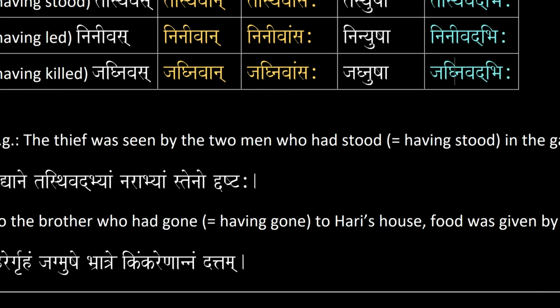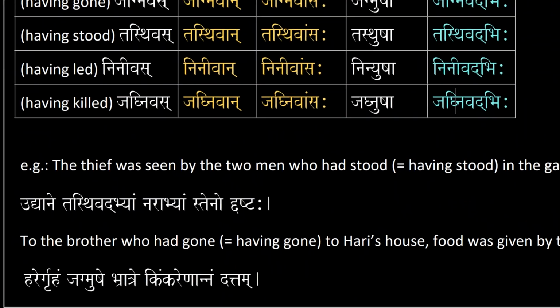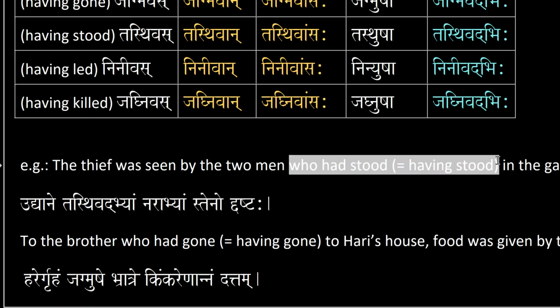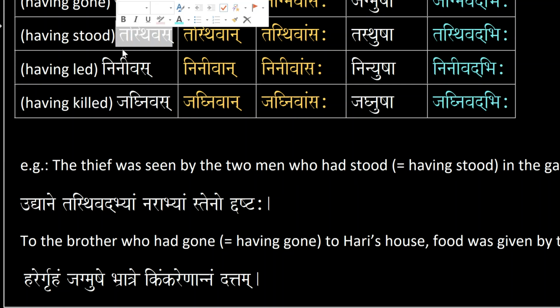And now the application. The thief was seen by two men who had stood. Who had stood is the same thing as saying having stood. So the thief was seen by two men who had stood in the garden. The word for having stood is dastivas.